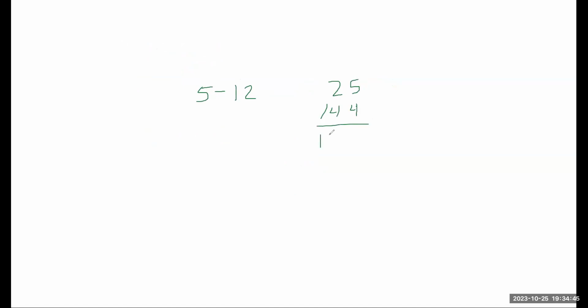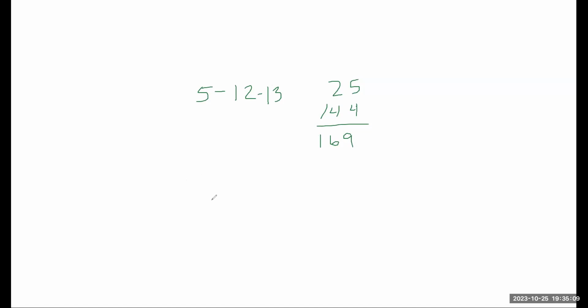You might not be quite familiar with some of these squares, however, if you did square those numbers that I gave you at the beginning, you'll find out that 13 times 13 is 169. So we have a 5, 12, 13 Pythagorean triple. 5, 12, 13 will make a right triangle.